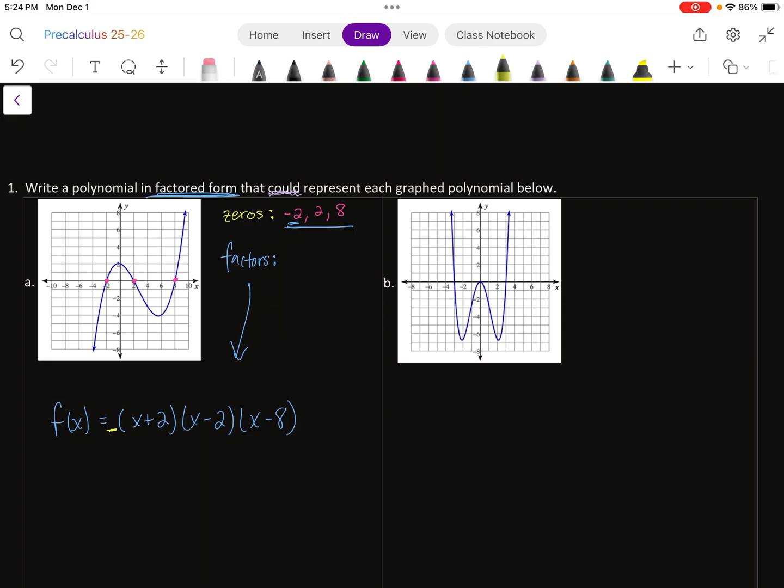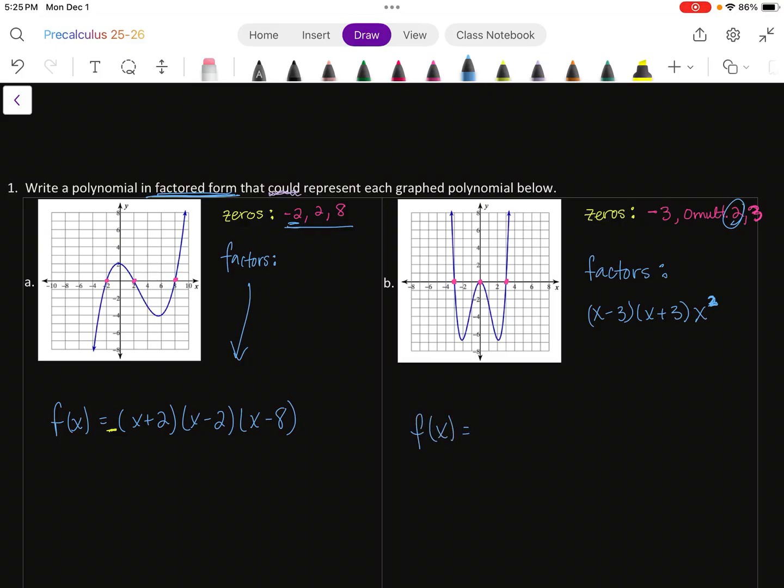All right, so this next one here, zeros. I have negative 3, 0. Looks like we got a multiplicity there, and positive 3. So negative 3, 0 with a multiplicity of 2, and positive 3. So what do those look like as factors? x minus 3, and again, I'm going to write those in factored form, x plus 3, and then we got that x squared because of this multiplicity of 2.